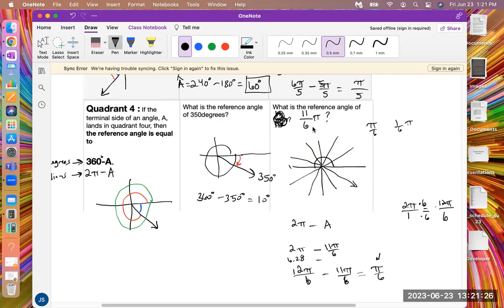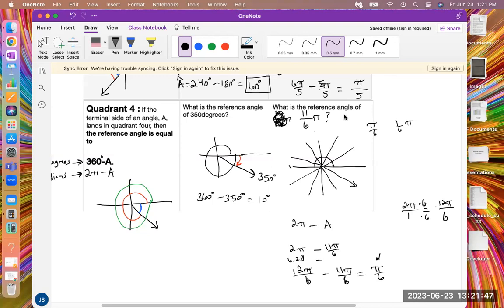Like what decimal number is pi over 2? And then what decimal number is pi and 3 pi over 2? You could find the decimals for those, and you could find the decimal of your angle that you're trying to find the reference angle of. And let me do that quickly for you.